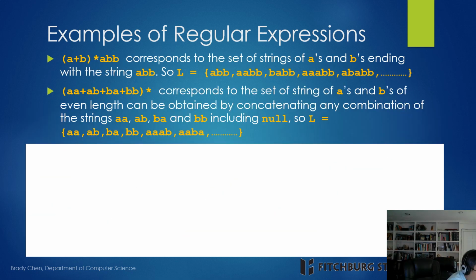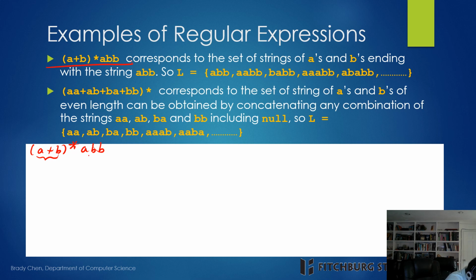Look at the top one, the regular expression (a+b)*abb. We always evaluate the expression inside the parenthesis first, then the star, and then the concatenation.